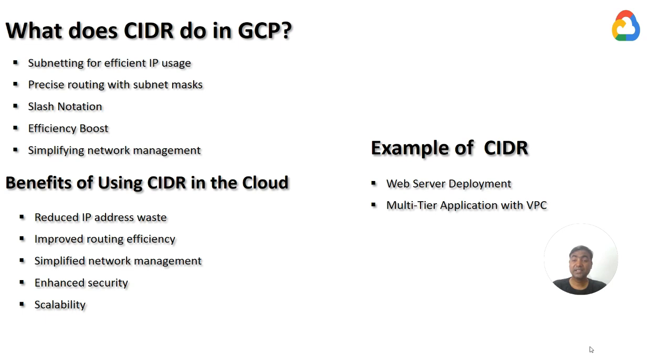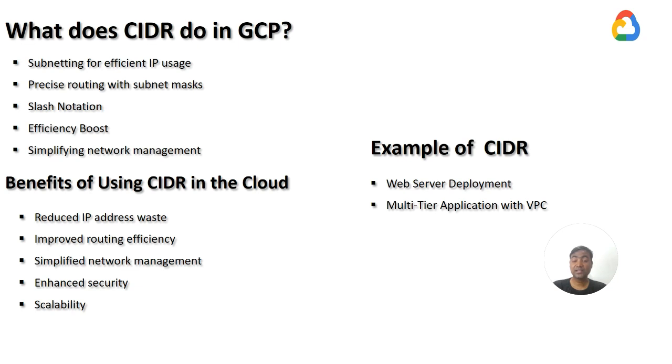Overall, CIDR is a critical tool for managing IP addresses in cloud computing, offering benefits like reduced IP address waste, making the most of limited IP address space; improved routing efficiency, so data packets reach their destination faster; simplified network management, making it easier to create and manage subnets; and enhanced security, segregating traffic flow for better control.